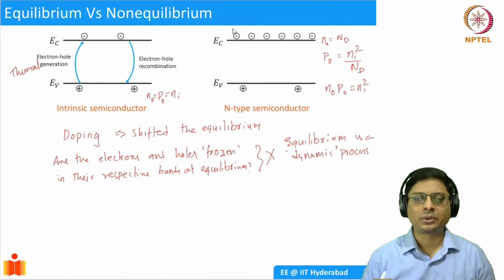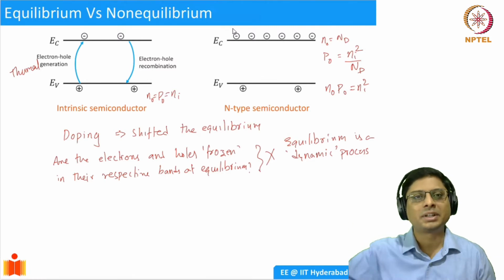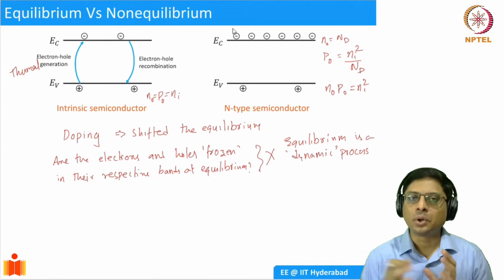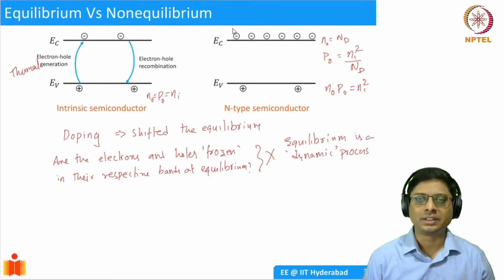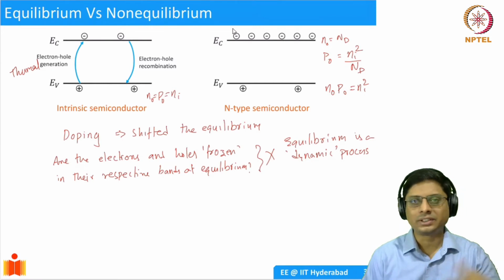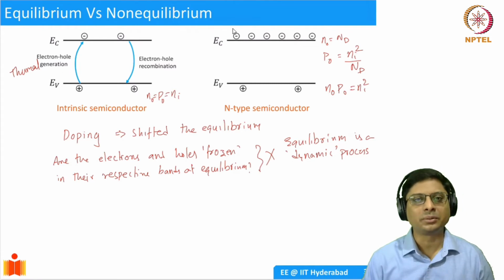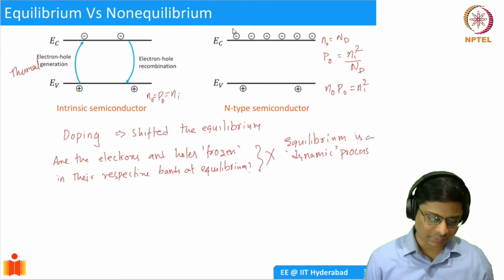So a particular electron and hole pair can annihilate at one point, at a particular location in the lattice, and at some other position in the lattice, a different electron hole pair could be generated. There is no way for us to know which electron is in which band. I mean, is it bound to the lattice or is it free to move about? We won't know that. Equilibrium only means that the net electron and hole densities are going to be whatever is given by these expressions, in equilibrium.